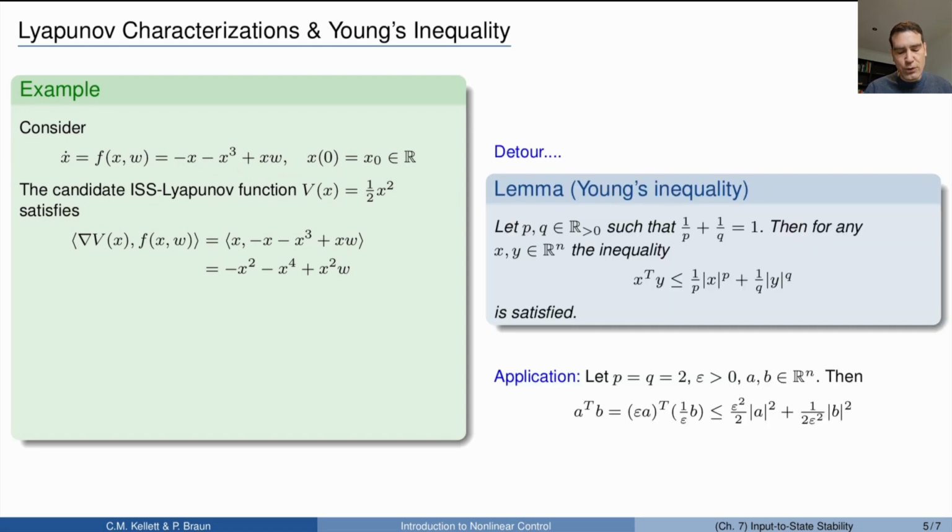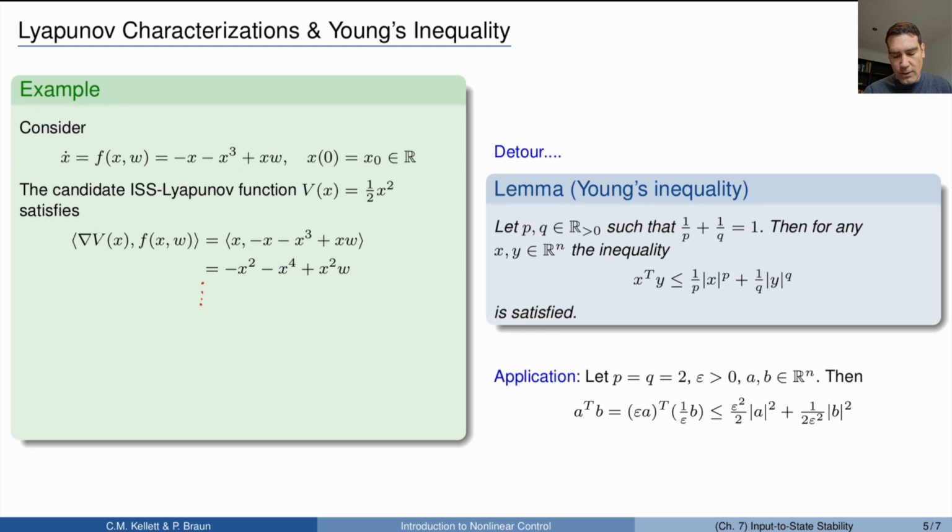One very important tool that is used in many proofs and also in many steps verifying input to state stability is so-called Young's inequality. So that's what we are going to use here now to continue with our derivations.